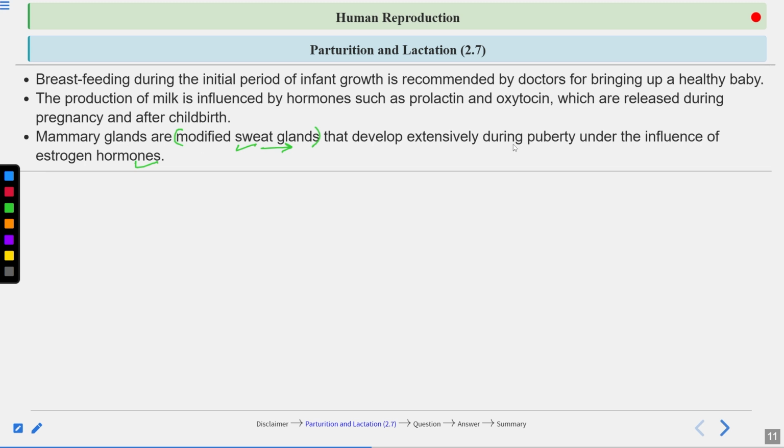These mammary glands develop during puberty in the females, so it is a kind of secondary sexual characteristic. Clear? The female undergoes a lot of morphological as well as physiological changes. One such secondary sexual character is the development of the mammary gland, and this development is under the influence of estrogen hormones. So estrogen is involved in mammary gland development.